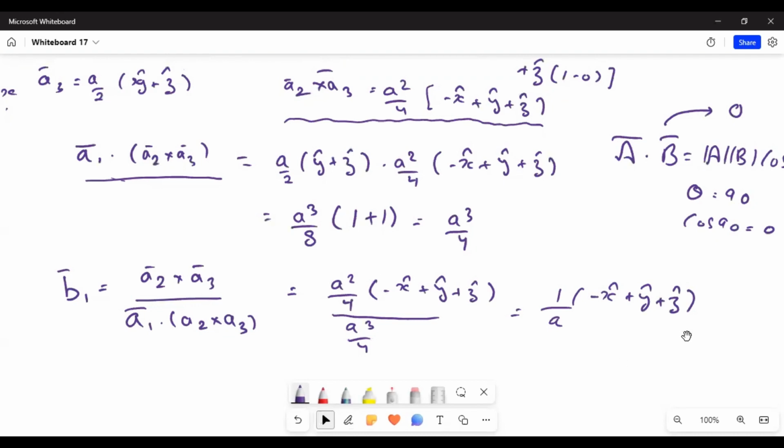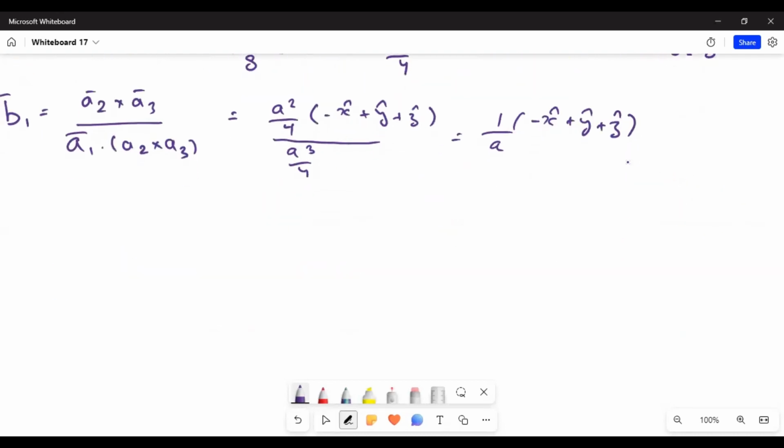So this is B1. Similarly, we will also get B2 to be 1 upon a times x cap minus y cap plus z cap, and B3 will be 1 upon a times x cap plus y cap minus z cap. So again it will be 1 upon a, but this time these are the coordinates of the body-centered cubic.